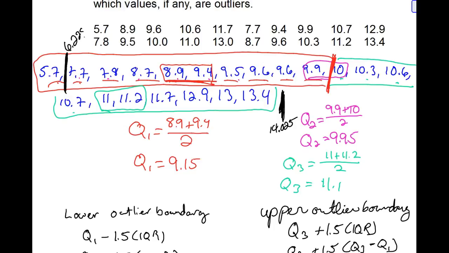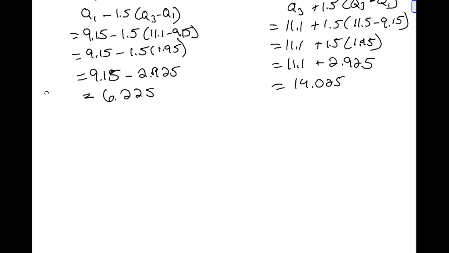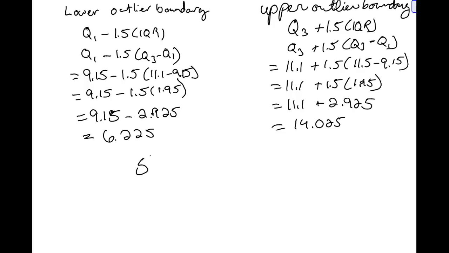And so anything less than 6.225 is an outlier. Well, if you notice, I've got an outlier of 5.7. So in this case, 5.7 is an outlier.